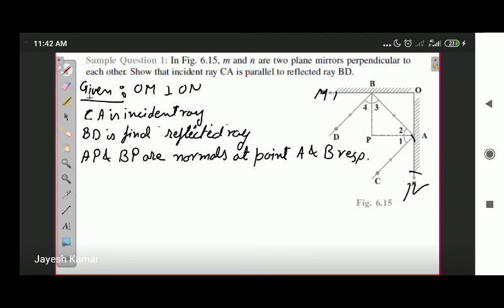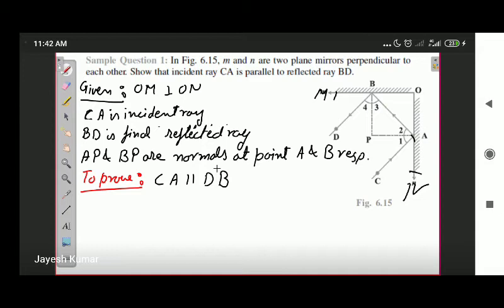Next we have to write down the proof. What do we have to prove here? We have to prove that the initial incident ray and final reflected ray are both parallel to each other. So as we have discussed earlier, in order to prove any pair of lines as parallel, we prove any one of three things.